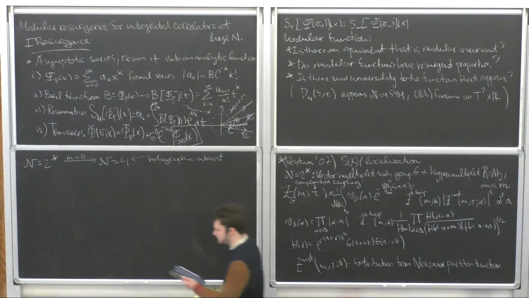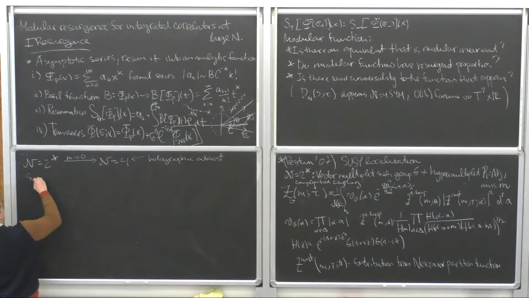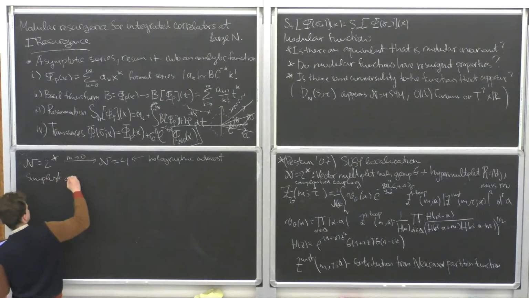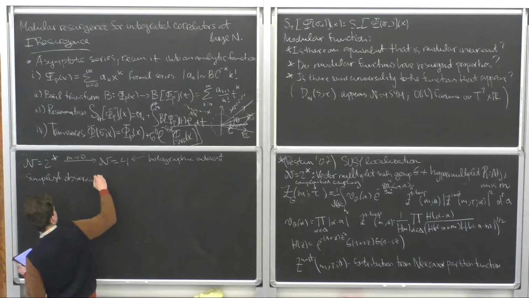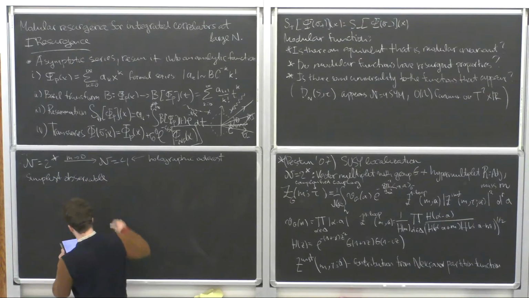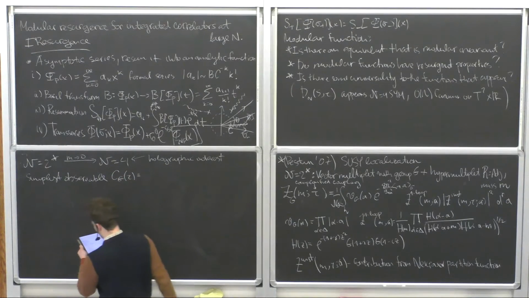So really the simplest observable will look something like this. I will define it, C_G of tau. So there is no more m.